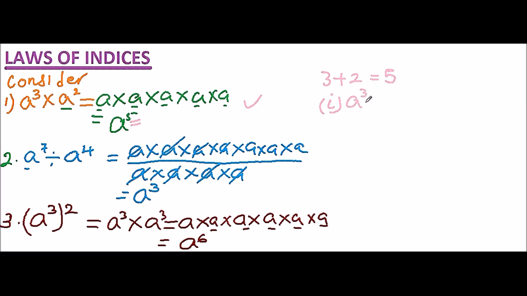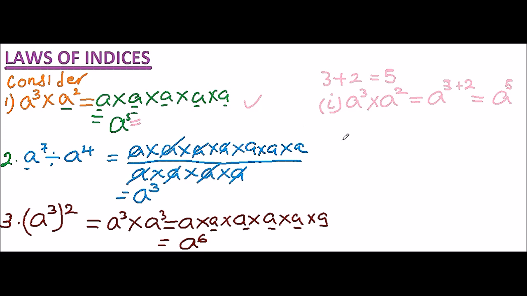When the base is common, we can write it in short, a to power 3 multiplied by a to power 2. Instead of expanding it, it is the same as a, then we add the indices, which will give us a to power 5.